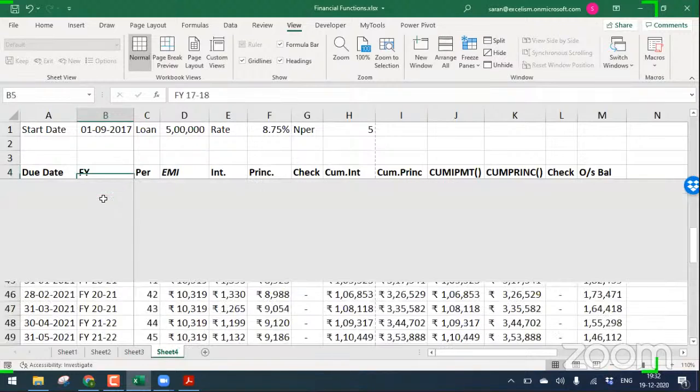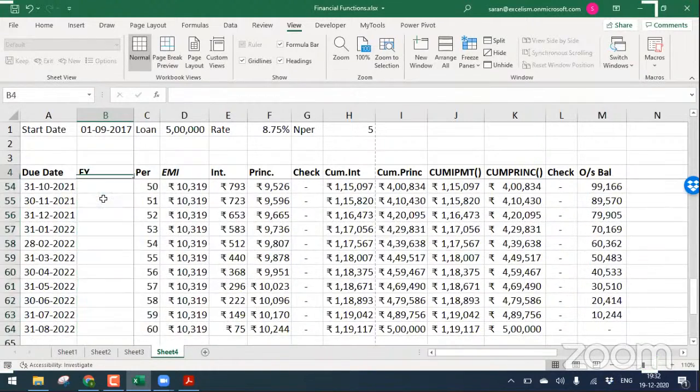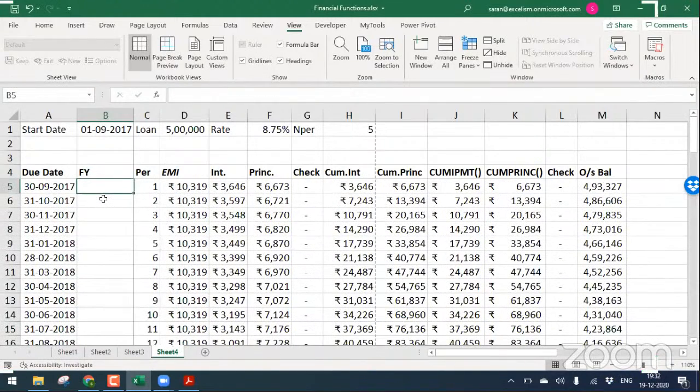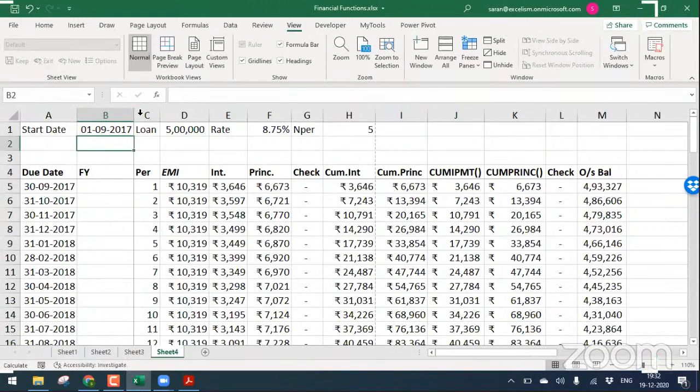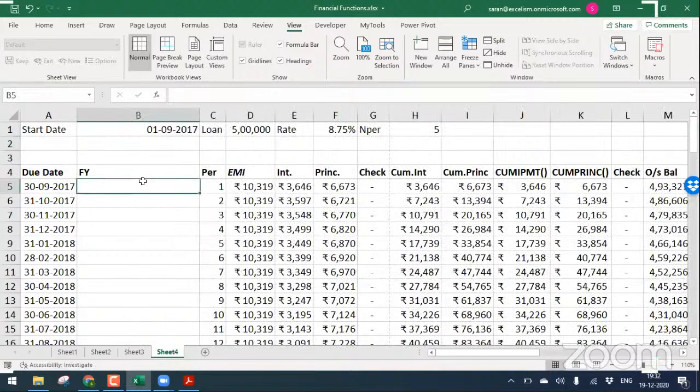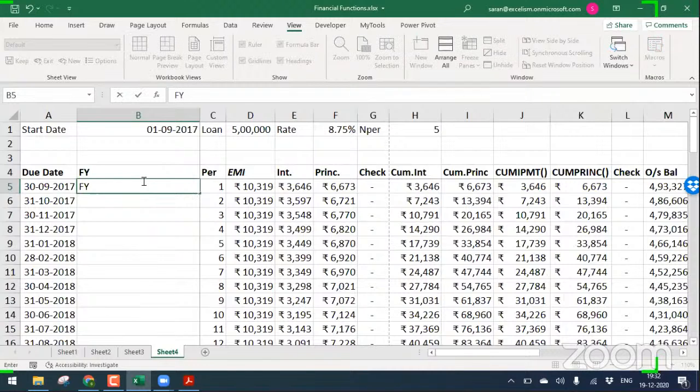I think I have already given this as an assignment. If not, please concentrate, because almost all the functions I have covered to get this result. Everyone, please concentrate. I want to get the financial year. I know the rules of the financial year. First of all, I want to have this format, financial year 17-18.